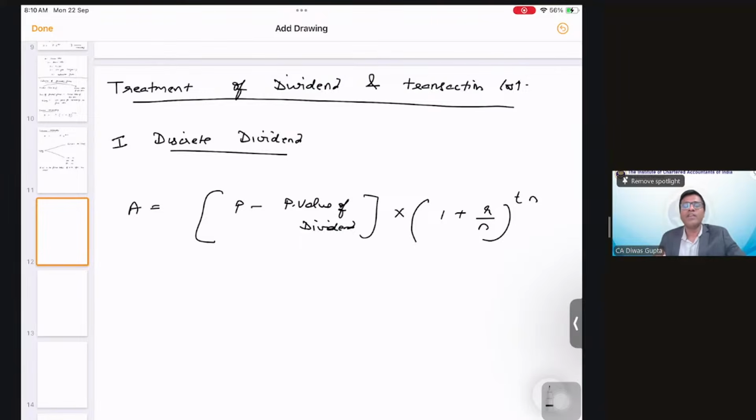From that, we will have to reduce the present value of dividend. Now, let's say the dividend is payable after 1 month. We are talking about a 3 months futures, right? So, first of all, from today's value, we will reduce the present value of the 1 month's dividend payable, and then that value we will take it after 3 months.